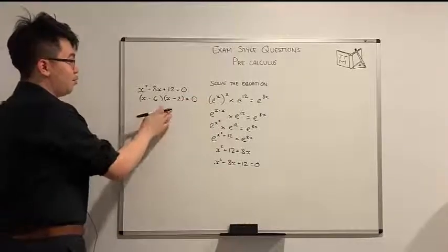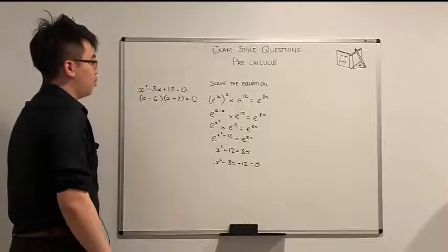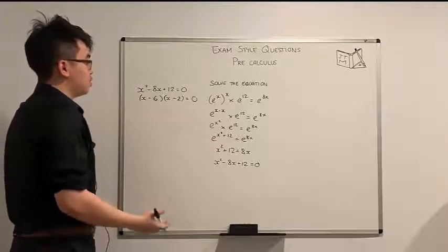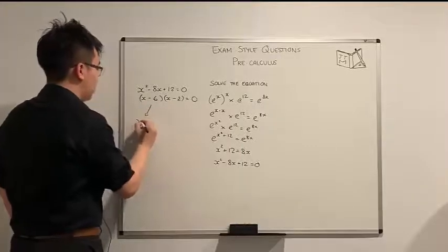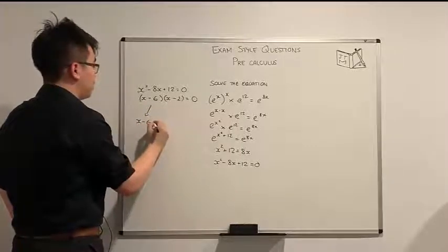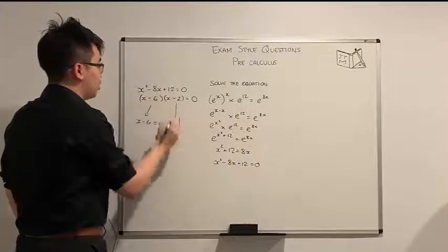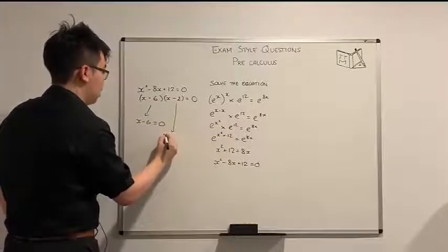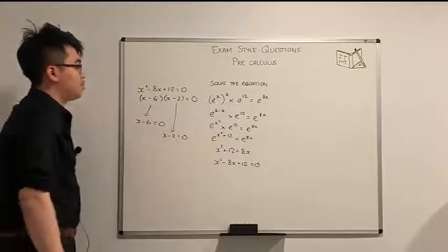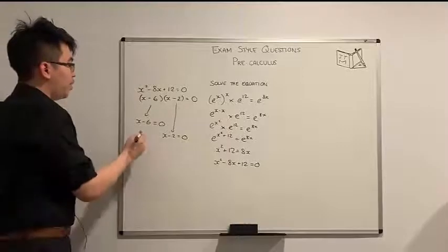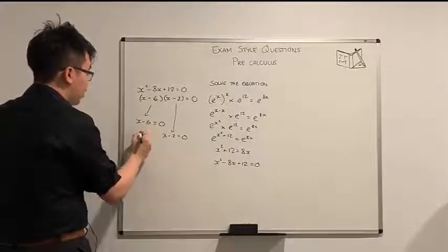And now that we've got two factors and 0 on the other side, we can use the zero product rule, which means that either of these has to be 0 for this whole equation to be true. And then once we have these, it's very simple. We follow through each one.